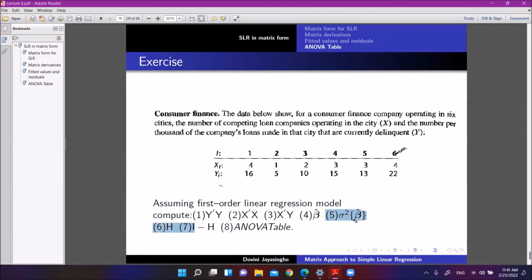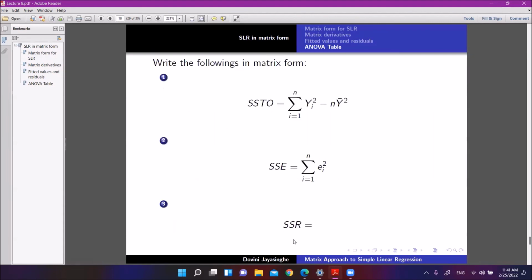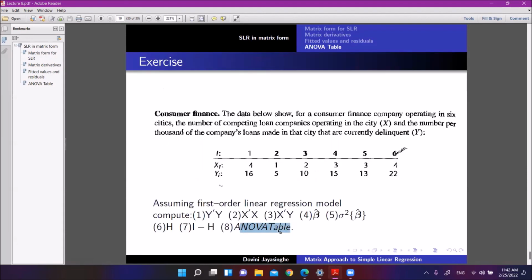All these formulas are given, right? You know how to estimate this one using MSE. So things like that, and finally get the ANOVA table. Now you know the matrix representation of these three, so it's just a matter of substituting and finding the quantities and constructing the ANOVA table.